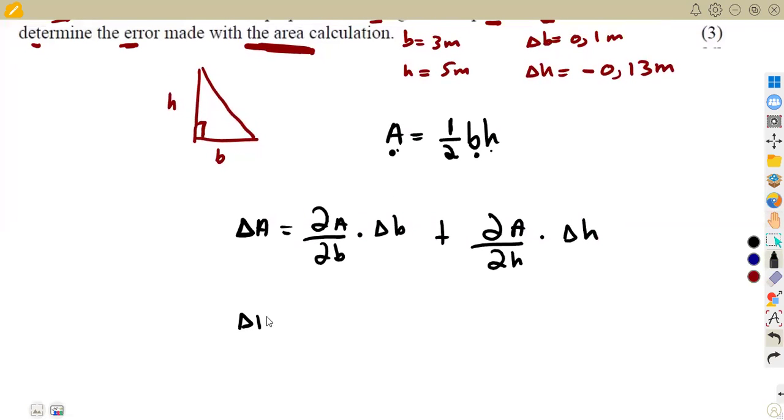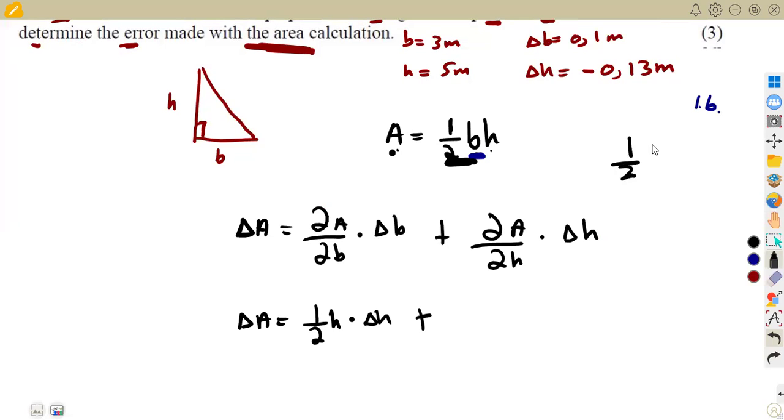So that means the change in A is going to be the derivative of A with respect to B. With respect to B, it means at that moment, guys, H is a constant, all right? Remember, we talked about this. So half H is a constant. We differentiate B. What is the derivative of B? This is 1B, so it's going to be a 1. So we're going to have half H times 1, which is half H, times the change in the breadth, plus the derivative of area with respect to H. So B is a constant.